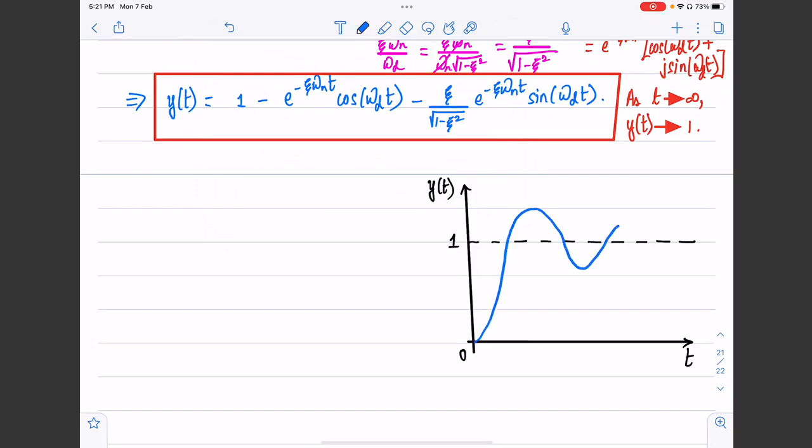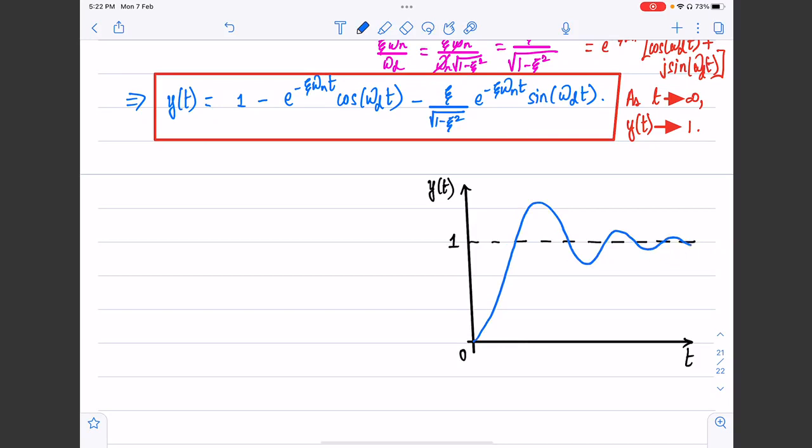It will overshoot, oscillate around 1, keep oscillating, and then settle down. So you can see that it is going to have oscillations with the frequency of omega d. That's why it's called the damped natural frequency. I hope now it is clear why omega d is called the damped natural frequency, because the oscillations of the unit step response happen at a frequency of omega d.